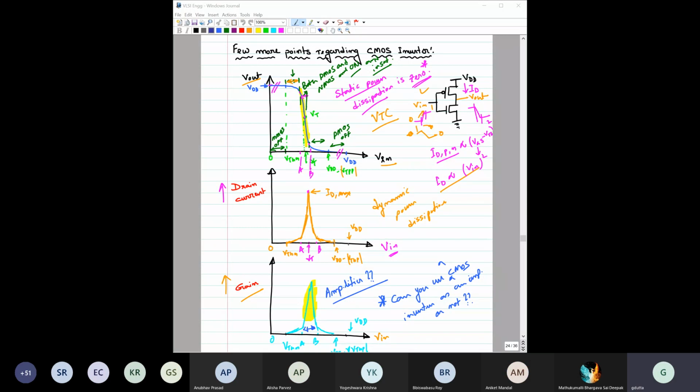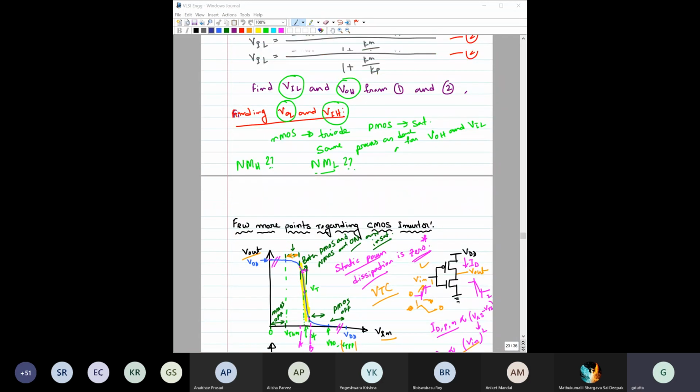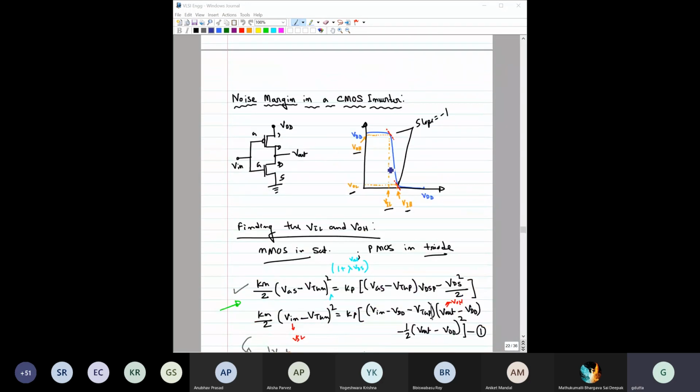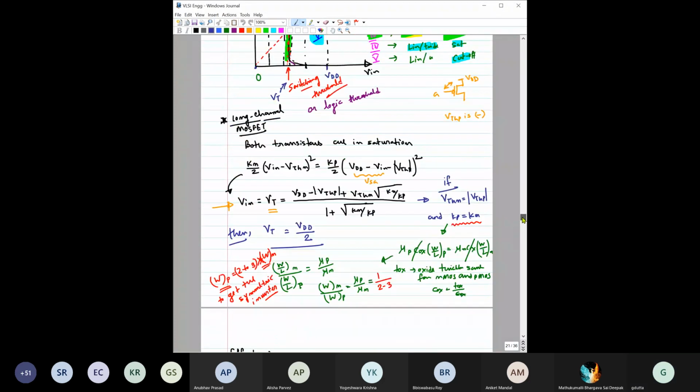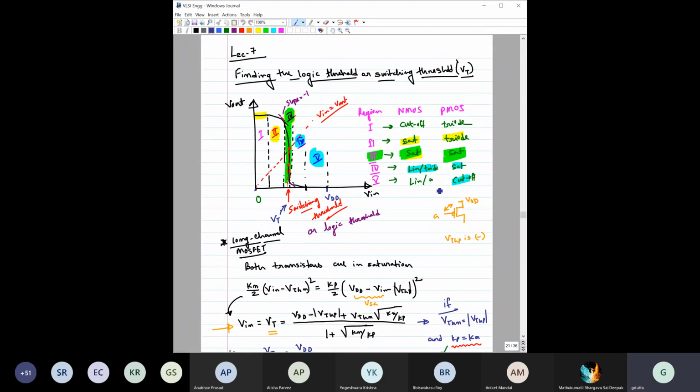Okay, good morning once again to all of you. In the last class, we were discussing this CMOS inverter. Just to recap, we discussed how to find the switching threshold, or logic threshold, for this CMOS inverter.